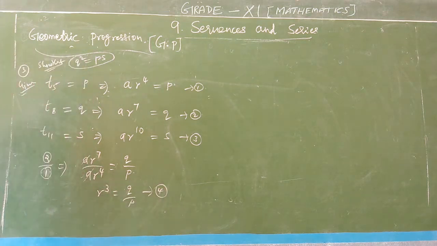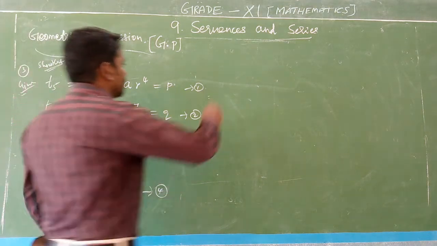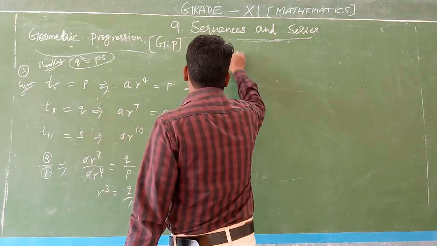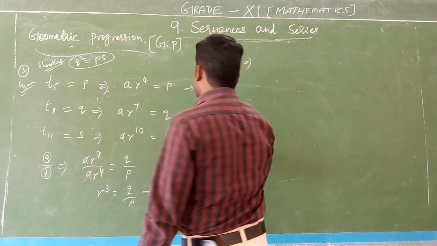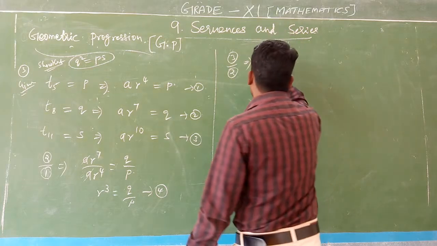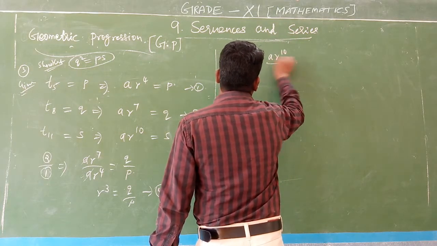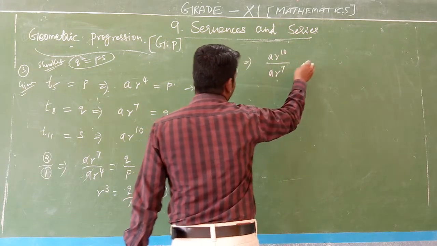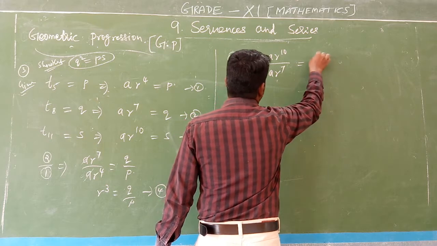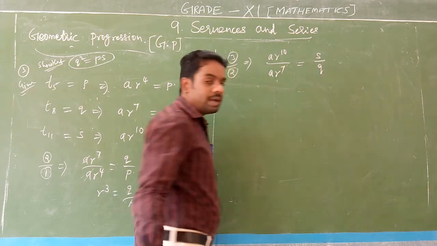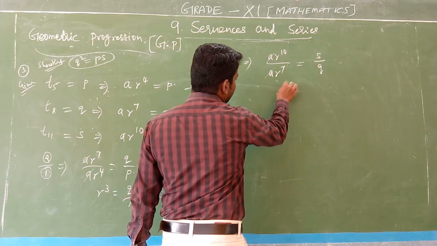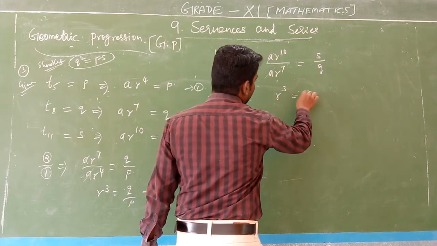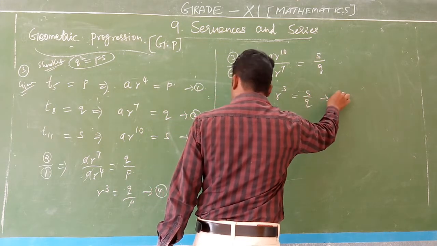Next, equation 3 divided by equation 2: a r power 10 divided by a r power 7 equals S divided by Q. A cancels, r power 10 divided by r power 7 is r power 3, equal to S by Q. This is equation number 5.